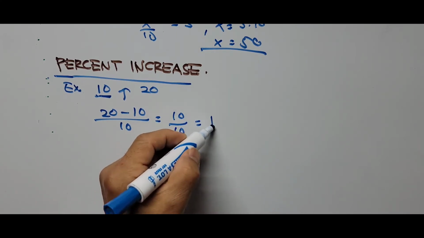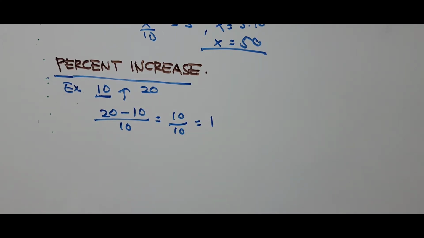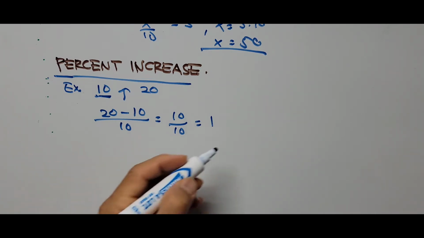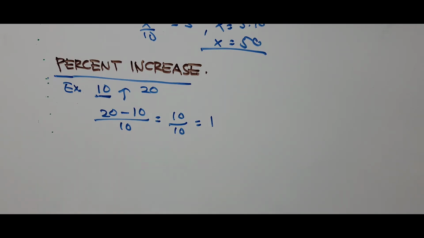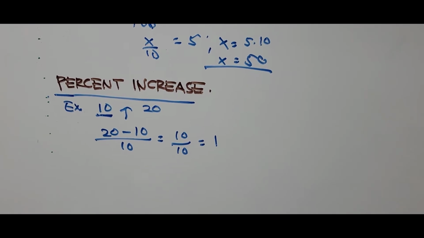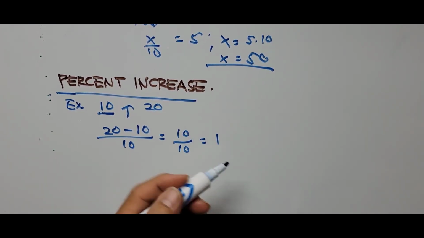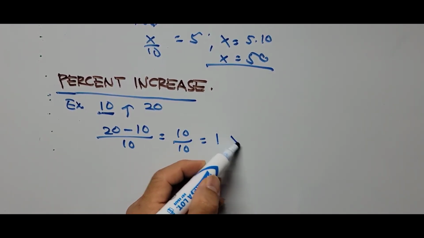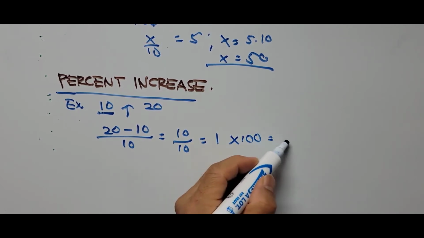So what is that? It's 1. But then what is that 1 right there? That means it is a 100% increase, right? Since finding the value of a percent, all we have to do is multiply 1 times 100. So that will become 100%.